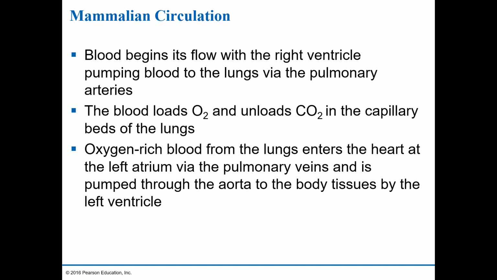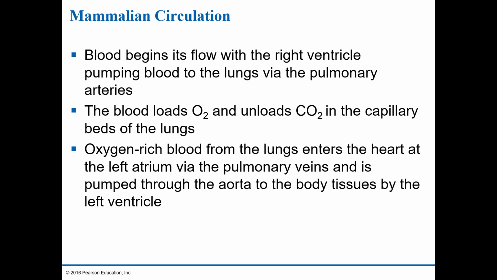Blood flow begins with the right ventricle, and it pumps blood to the lungs via the pulmonary arteries. The blood loads up with oxygen at the lungs and unloads CO2 in this little capillary bed. Then from the lungs, rich with oxygen, it enters the heart at the left atrium, because only the left side receives oxygen-rich blood.